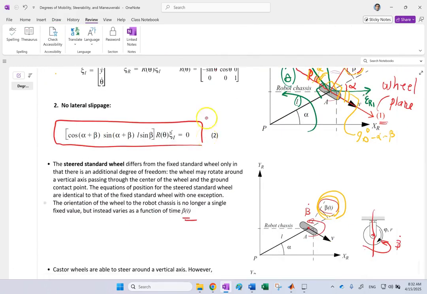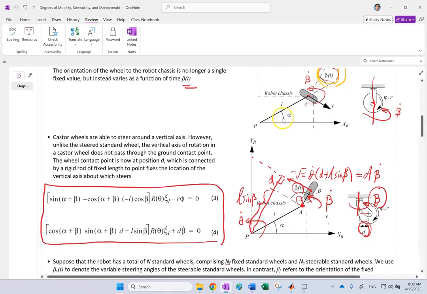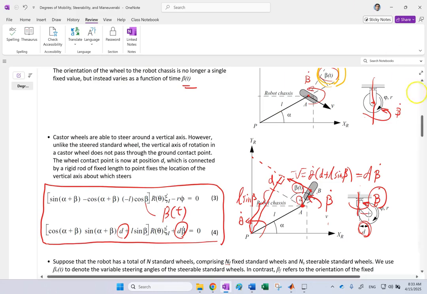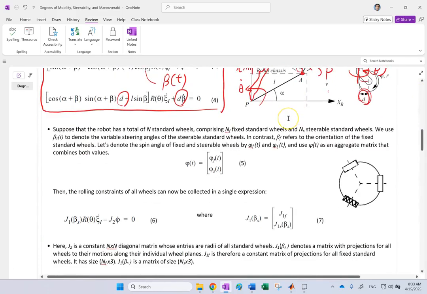For the caster wheel, beta is beta of t, as well as these extra terms here. And beta again is beta of t. So these are the kind of constraints that you have on the motion of at least 3 of these wheels.